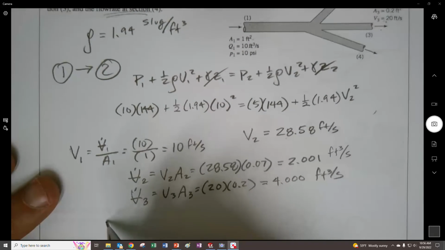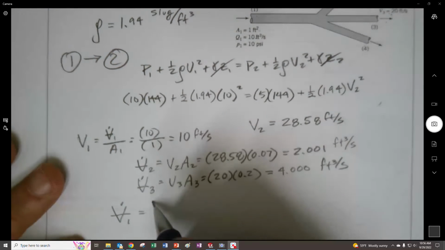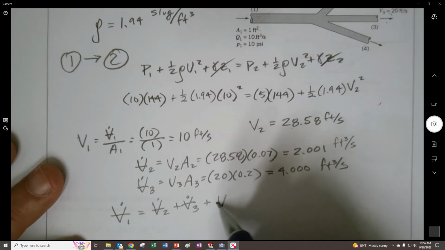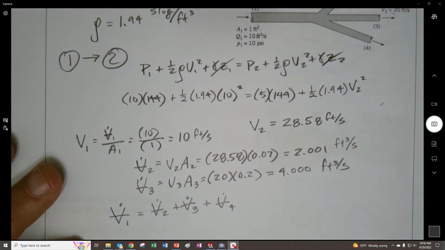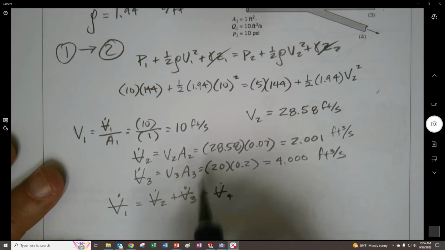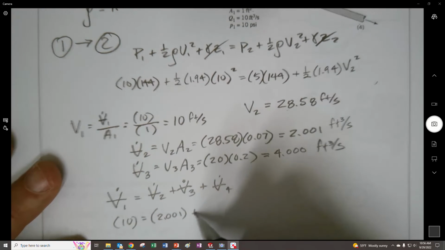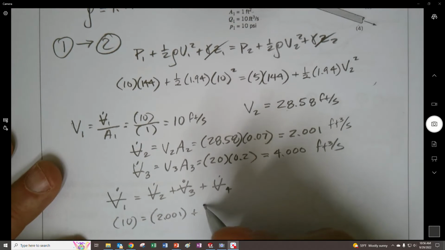So we could actually jump to this last one right there if we wanted to. We could say V1 is going to be equal to V2 plus V3 plus V4. So they gave us the volume flow rate here as 10. We just found this to be 2.001, for all intents and purposes 2.